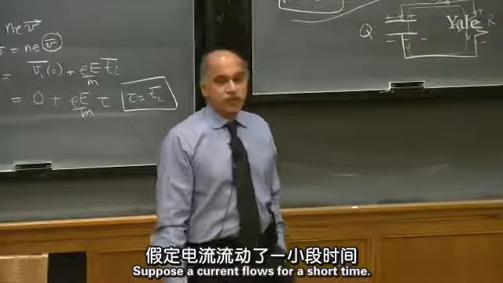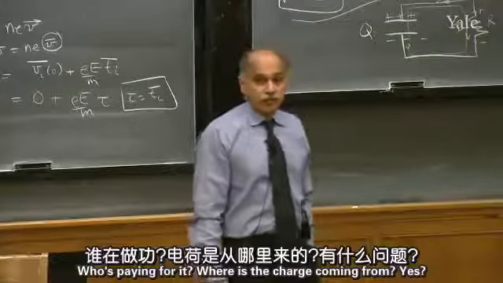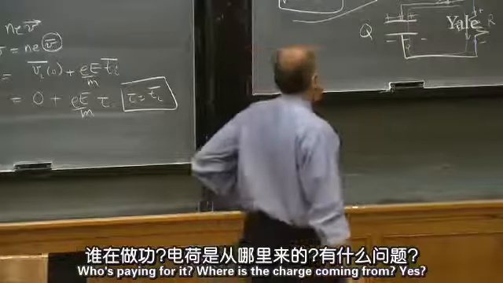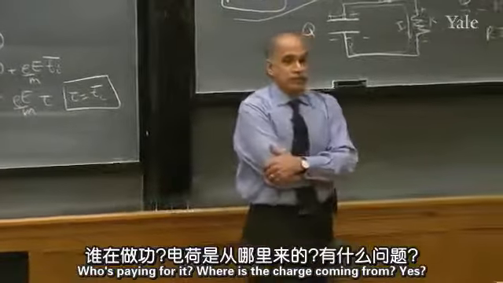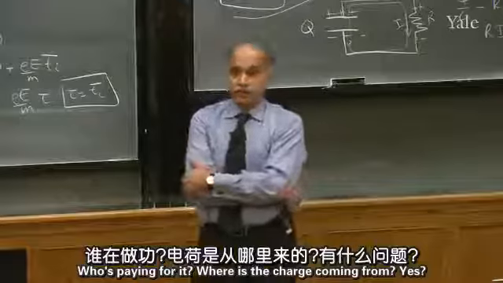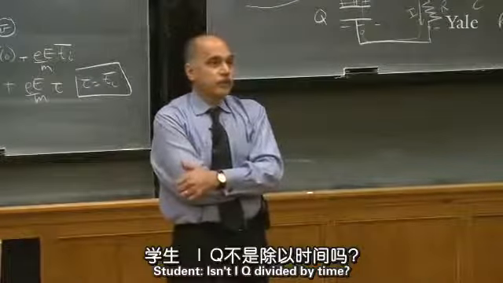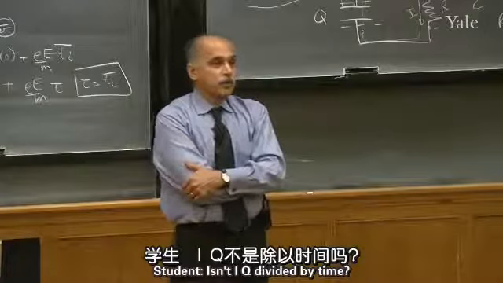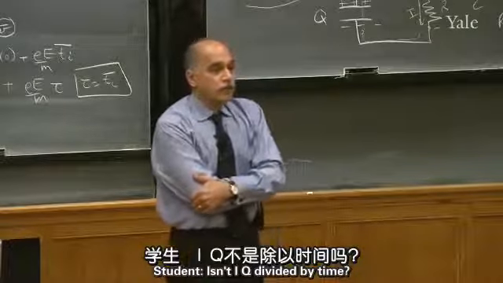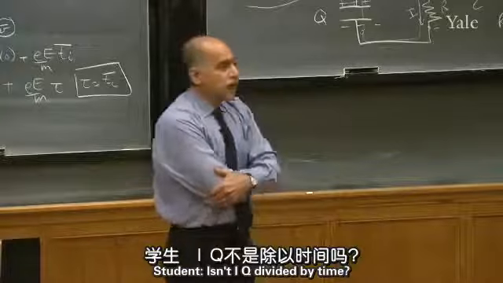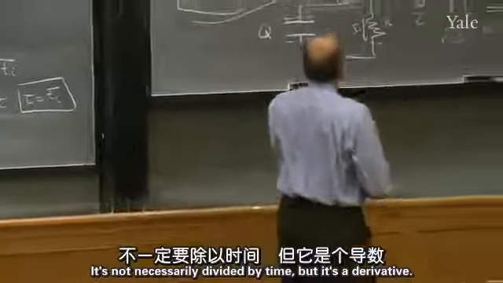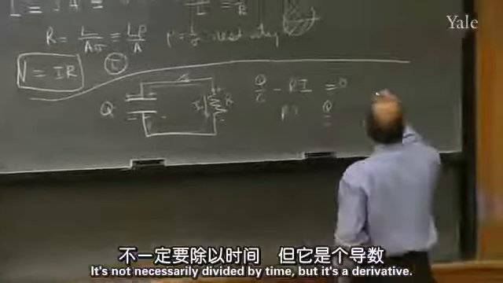Suppose a current flows for a short time. Who is paying for it, right? Where is the charge coming from? It's not necessarily divided by time, but it's a derivative.